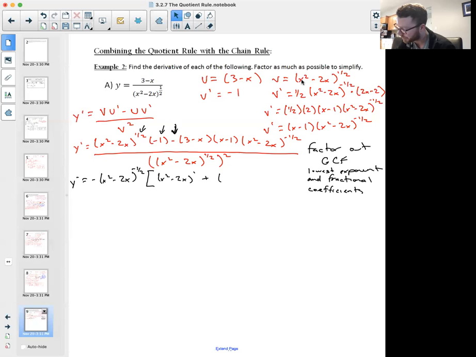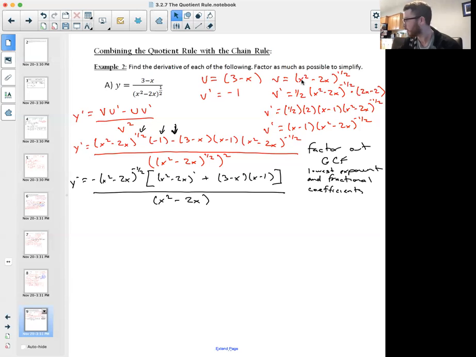And now we will be left with our 3 minus x and our x minus 1. Okay, for our denominator, x squared minus 2x to the power of 1/2, if we squared that, because we're just adding the exponents, we will just get x squared minus 2x.